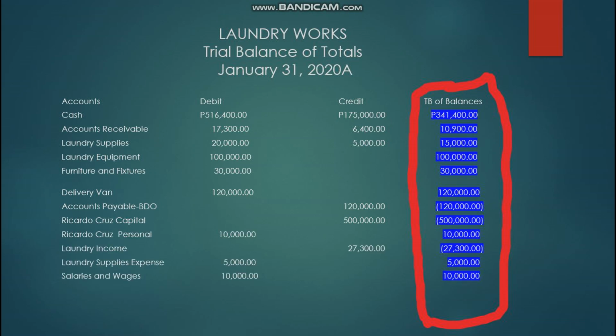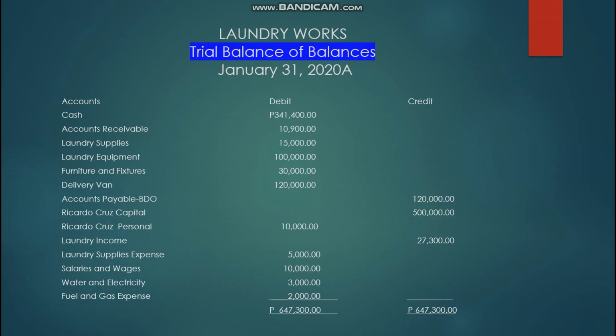Okay, so how does a trial balance of balances look like? So, this is the format of the trial balance prepared by an accountant. It is called trial balance of balances, or simply trial balance.